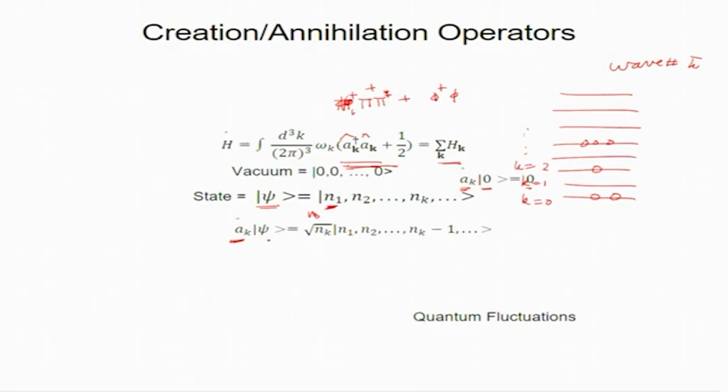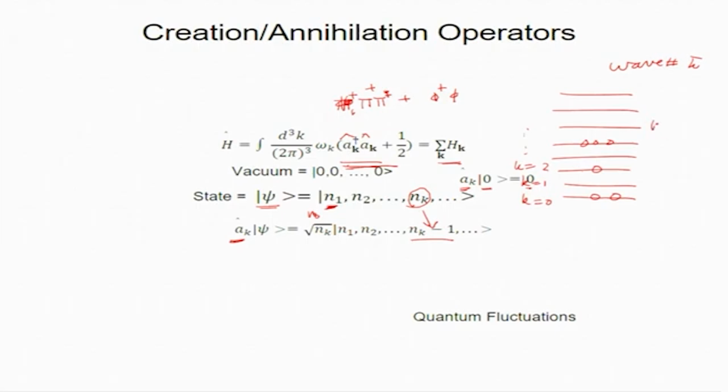This a k will not act on anything else, a k is going to look for wave number k and look at how many particles are there, there are nk particles. So it is going to destroy one among them, it just destroys it and brings it to nk minus 1, and all the rest of the particles remain unchanged.